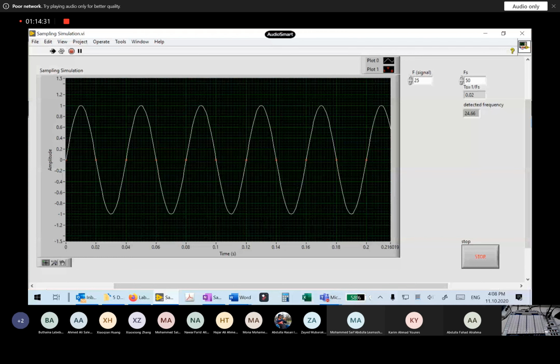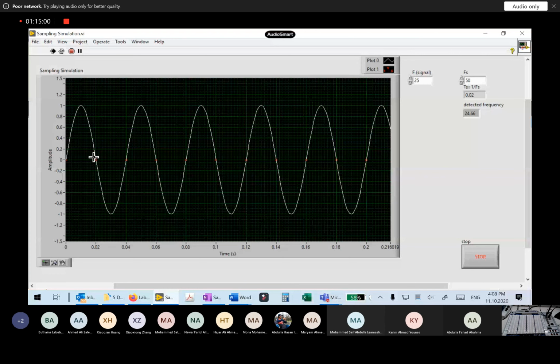Now the signal itself has changed, and at the second sampling instant the value of the signal was 0. The third one, the value of the signal itself was 0. So basically here you are taking a sample of your signal each half period of your input signal.